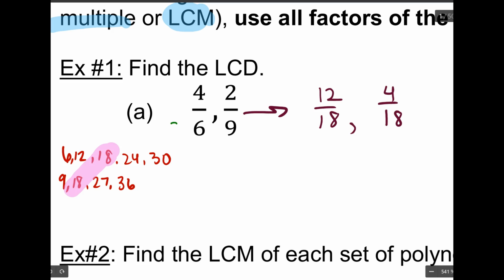So if I'm multiplying 6 by 3 to get a common denominator of 18, I have to multiply the top by that. What's 3 over 3 equal to? 1. And any time you multiply a number by 1, you get back itself. You're not changing the problem. So multiplying by 3 over 3 is basically multiplying by 1. Then over here, he said we're going to multiply by 2 over 2 because to get to 18, you have to multiply 9 by 2.